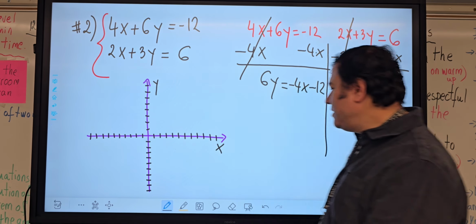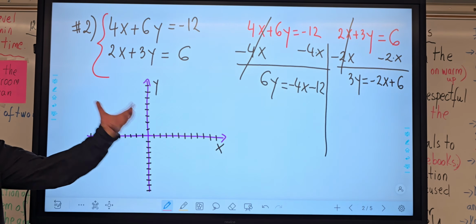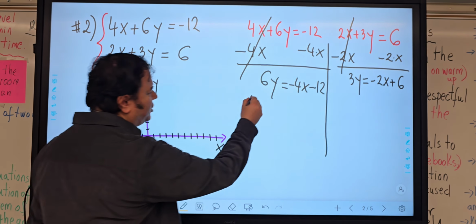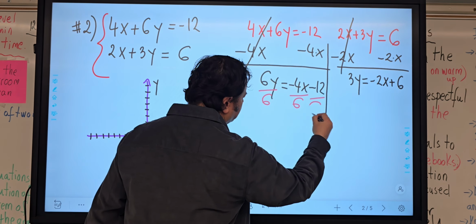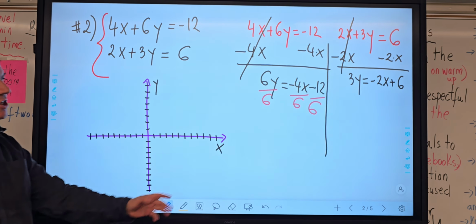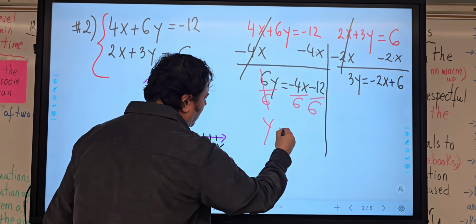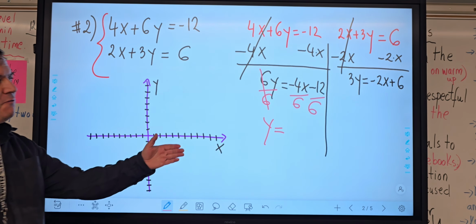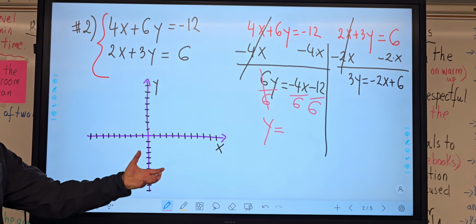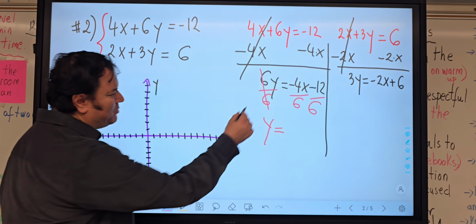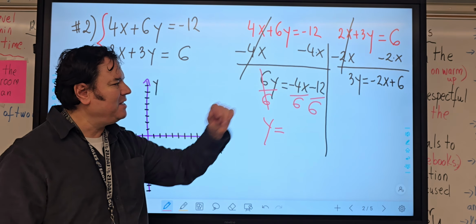Okay? And the final step, we are going to divide both sides by 6 in the first equation. Let's divide by 6 on both sides. 6 divided by 6 becomes 1y, or y, equals negative 4 divided by positive 6, which becomes negative 2 over 3, right? We see that 4 divides by 2 and 6 divides by 2.